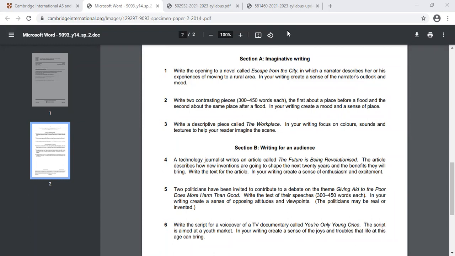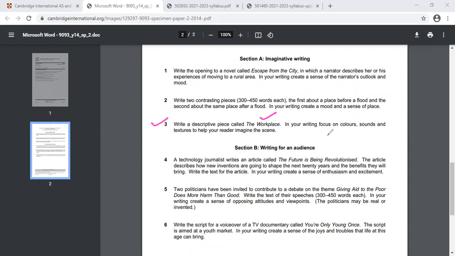All right, here we have a question from the specimen. We just look at question number three. It says, write a descriptive piece called the workplace.